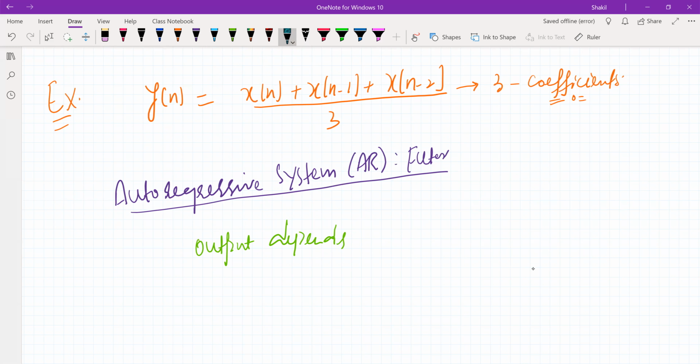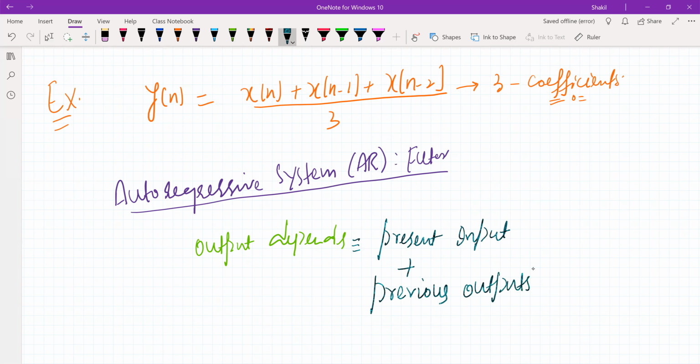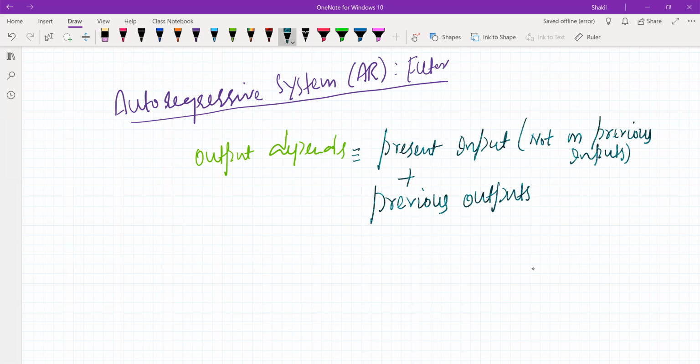In this system, the output depends upon the present input plus the previous outputs. But remember, it does not depend on previous inputs. What do I mean by this?